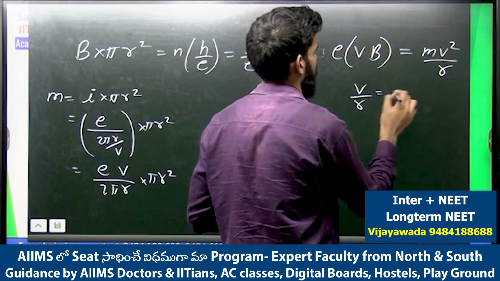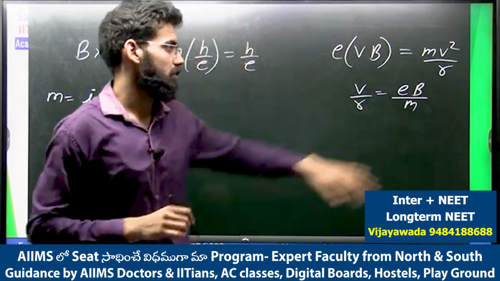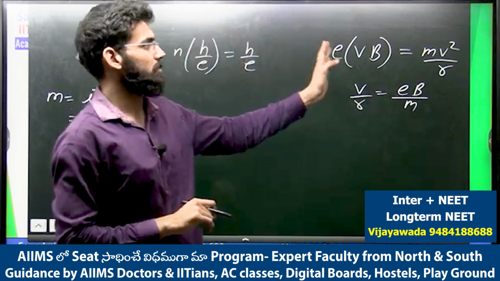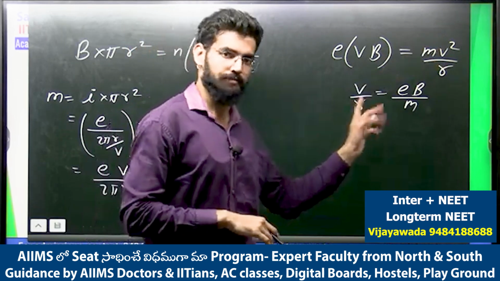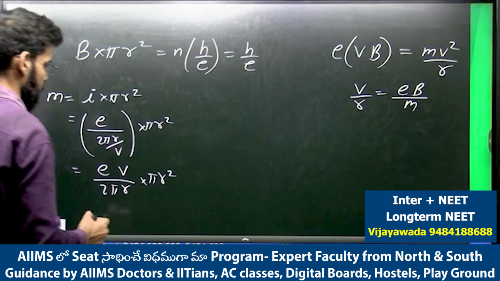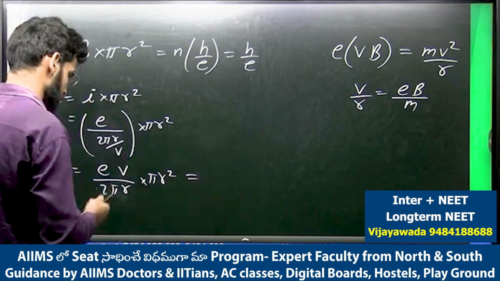So v by r is nothing but eB by m. This we actually remember also, but still if you don't remember, this is how you can calculate directly. Magnetic force equals m v square by r. Radius you remember, right? So from here you can calculate also. No issue, if you don't remember, it's okay.